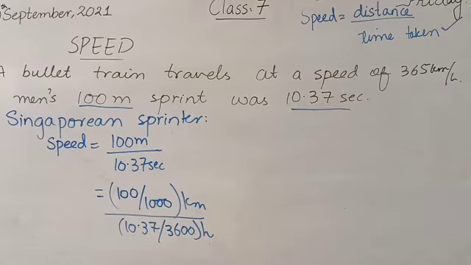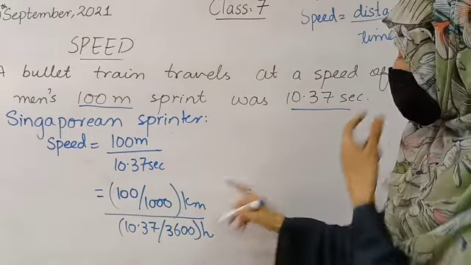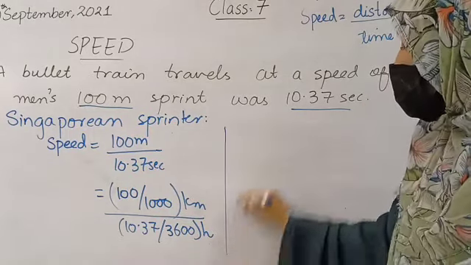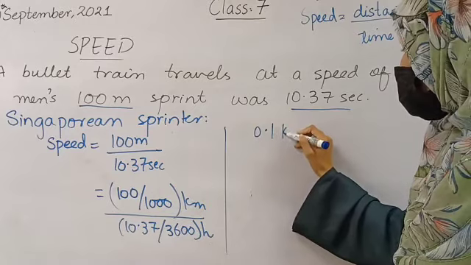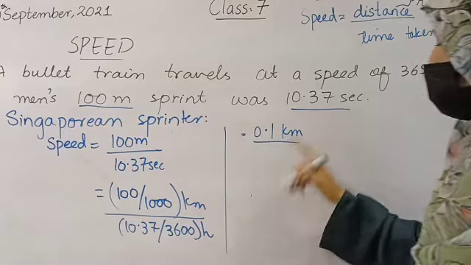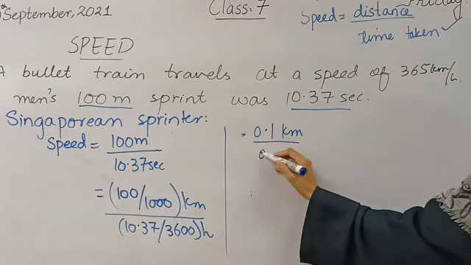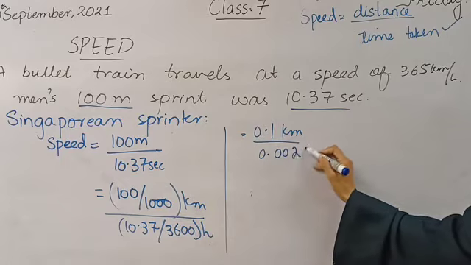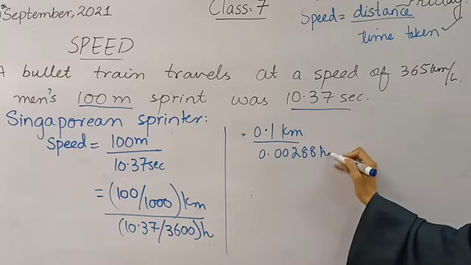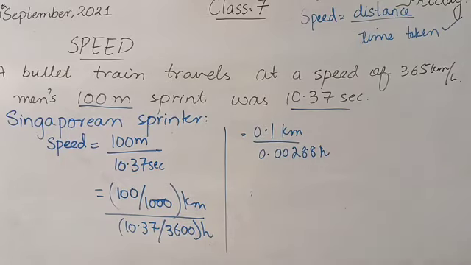Tell me what is 100 over 1000? This is equal to 1 over 10, which is equal to 0.1 kilometer. What is 10.37 over 3600? 0.00288. This is now in hours. Okay.